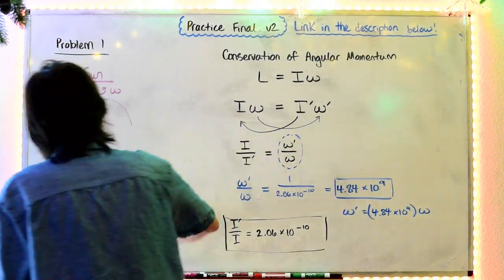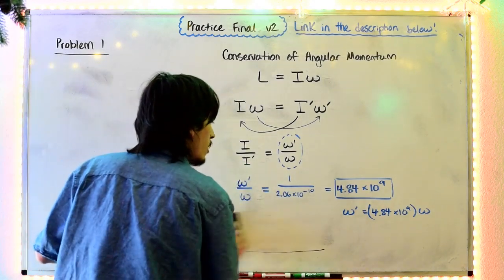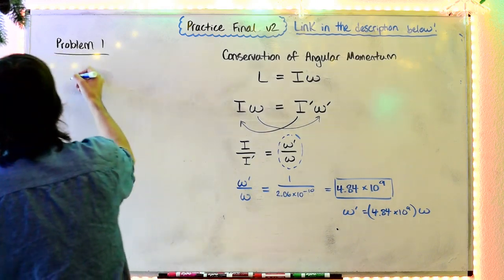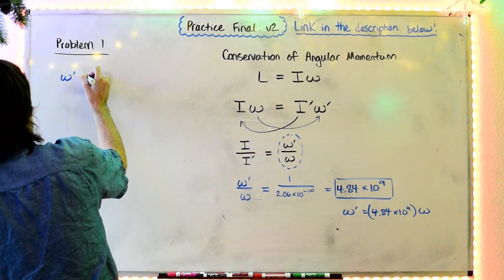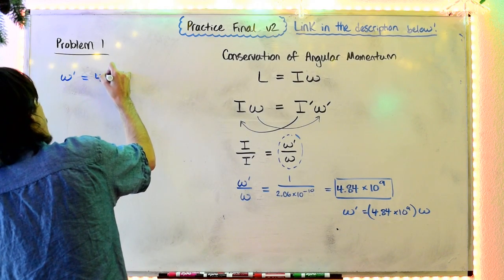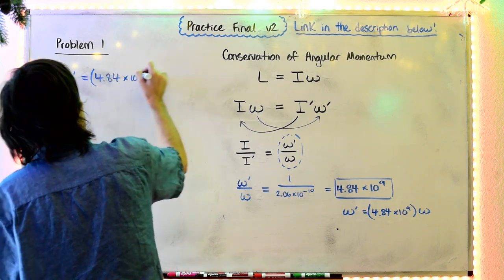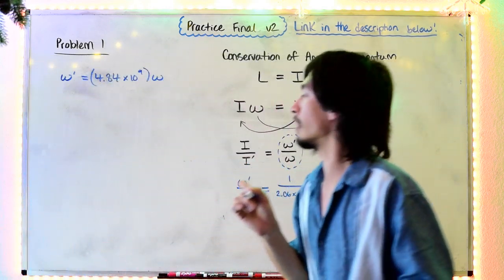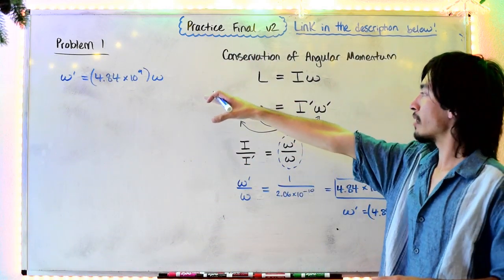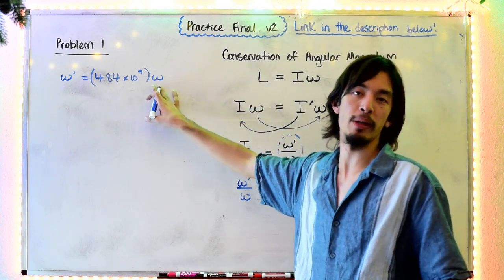So let's write that: the final angular speed is 4.84 times 10 to the 9th times the initial angular speed. From that statement, all I do is drop in what the angular speed was initially.